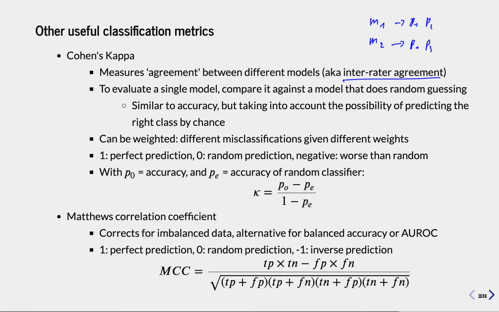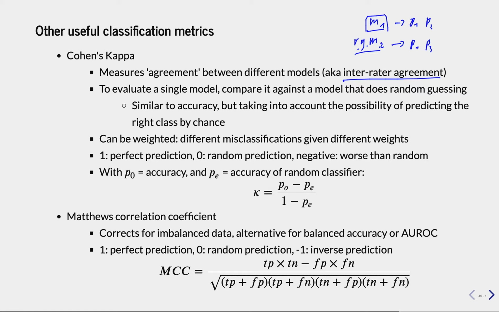Now, if you have a single model, we just take our original model, and then the second one is a random guesser. It's a random guessing model. So it just randomly guesses the output, and then we measure how much agreement there is between our model and a random guesser, right?